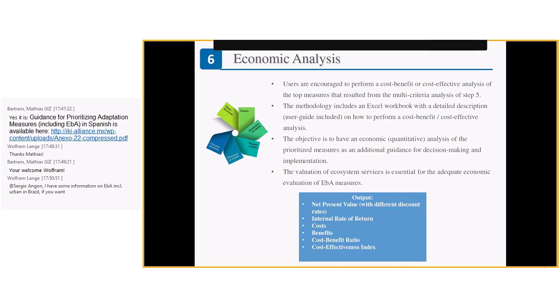So users are encouraged to perform a cost-benefit analysis or cost-effectiveness analysis of the top measures that resulted from the multi-criteria analysis in step 5. The methodology includes an Excel workbook with a detailed description on how to use it, and it also has a user manual on how to perform a cost-benefit or cost-effectiveness analysis.